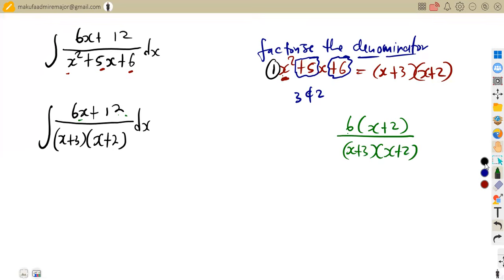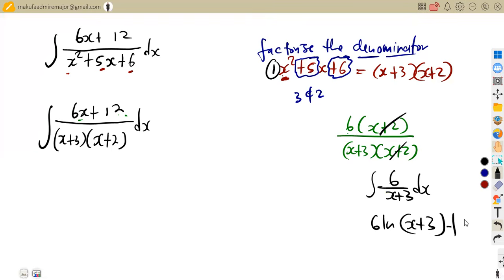We're not even supposed to factor, because this one and this one cancel, which means we're just going to remain with 6 over x plus 3. We integrate this, which gives us 6 ln of x plus 3 plus the constant of integration. So this one, we're not even supposed to use partial fractions, but we want to apply partial fractions and see if we are going to have the same answer.